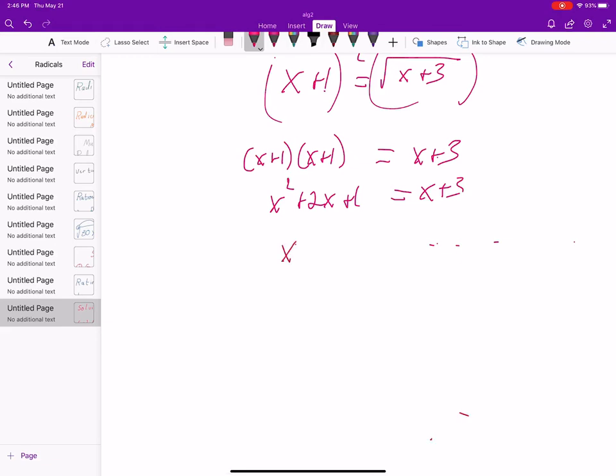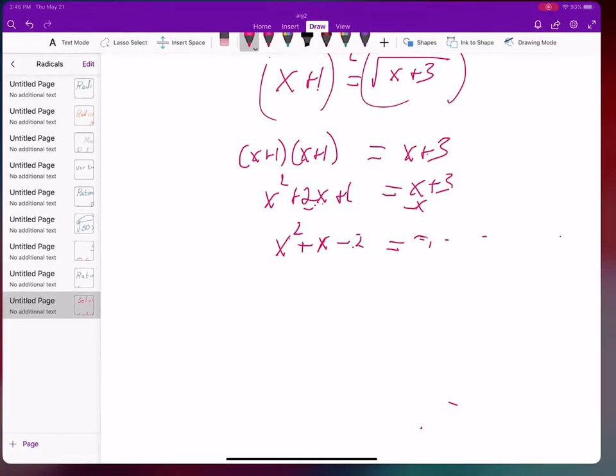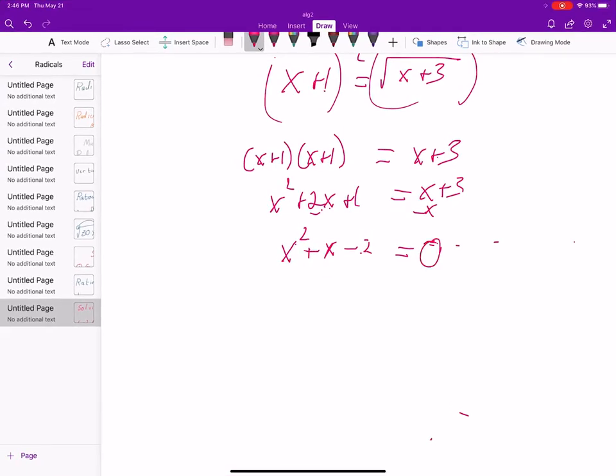So I have x squared. I'm going to subtract this x, move it to that side. Man, this is not working very well here. Then I'm going to subtract that 3. So I get this. I think we actually can factor this one.